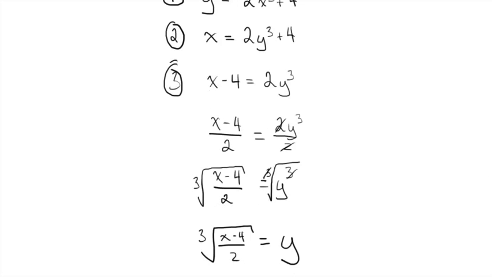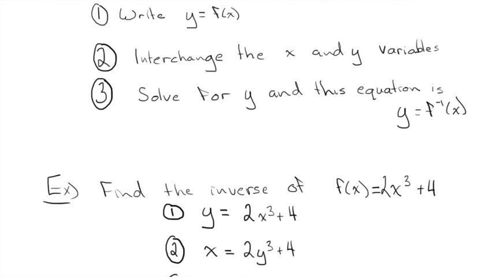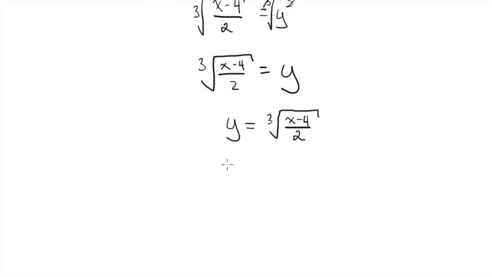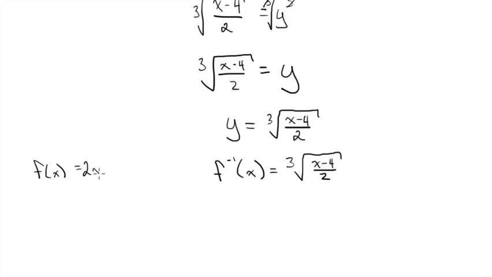So this is our inverse. As we said in our steps, the resulting equation is f inverse. So we could write f inverse of x is equal to the cube root of x minus 4 over 2. Remember the original function f of x was 2x cubed plus 4. So there's f, this is f inverse.